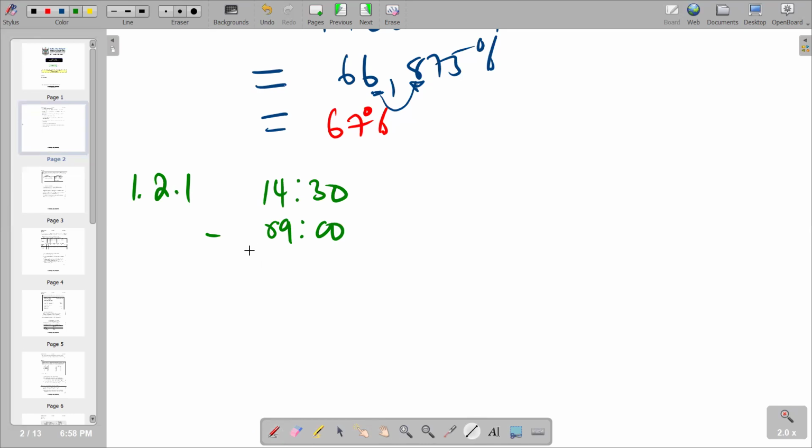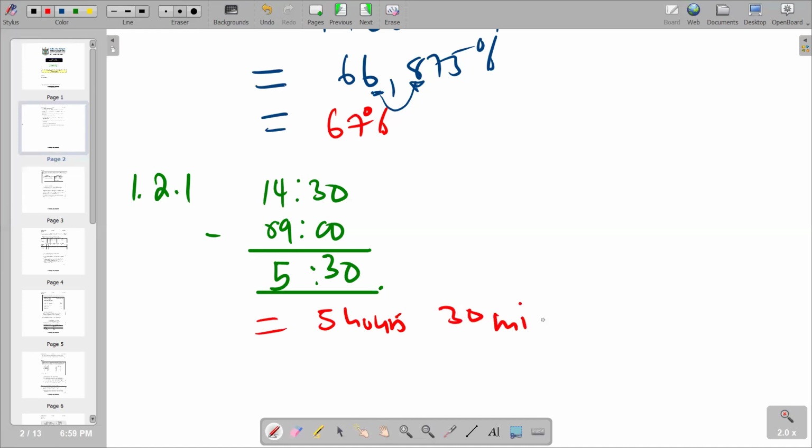So we do it that way. We see that we are going to say 30 minutes minus 0 minutes, we get 30 minutes. And then on the other end, 14 hours minus 9 hours, you get 5 hours. So basically what we are saying is we have got 5 hours, 30 minutes. So this is what we have in terms of our 1.2.1.